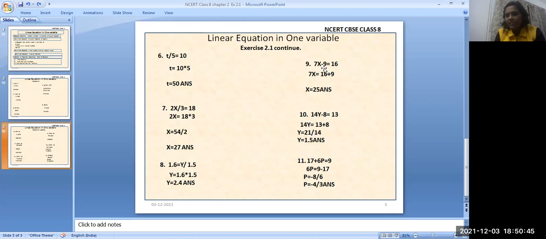So minus will become plus. So 16 plus 9, because minus 9 once it is transposing from left hand side toward the right hand side, it will become plus. So 7x is equals to 16 plus 9. This will give you 25.